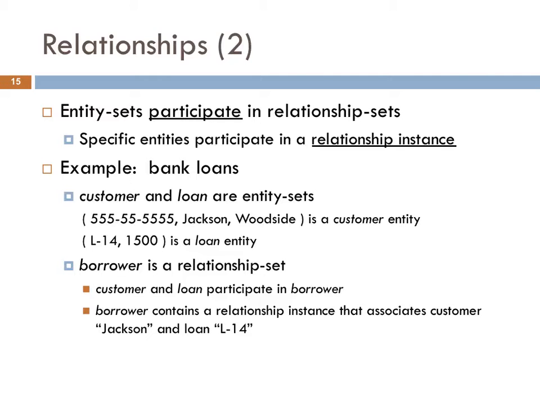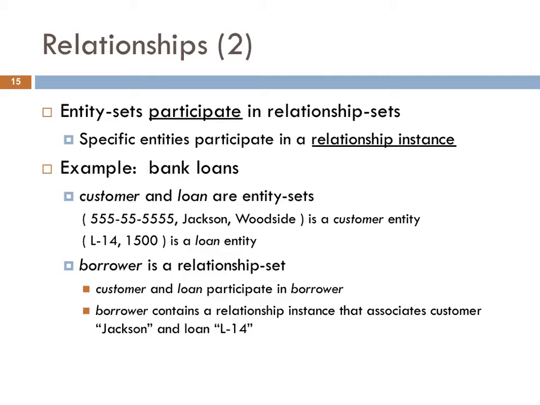Now, the one thing about this is you'll notice we keep using the term set. So we have entity sets, we have relationship sets. What we're saying, for example, is that borrower can only contain one relationship between Jackson and L14. Okay? We can't have Jackson and L14 appear multiple times.